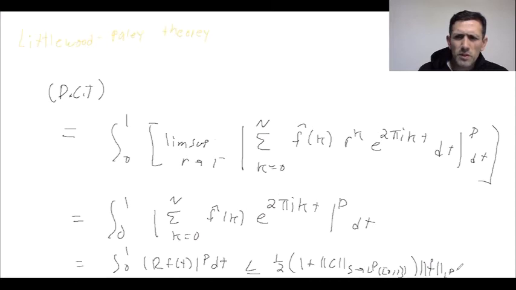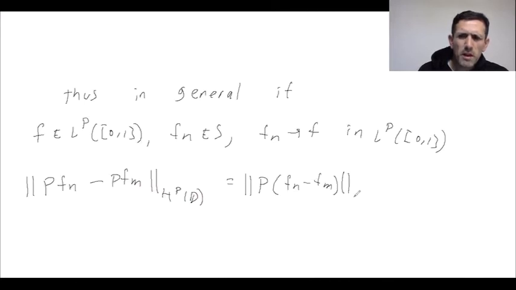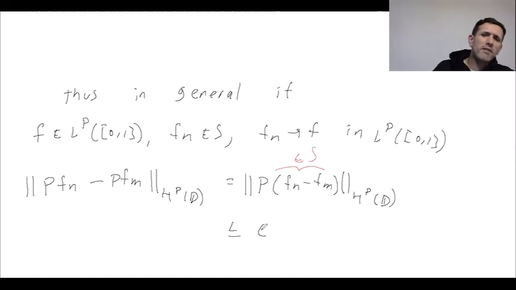Oops. Like that. Okay, so this is in S. S is definitely a vector space. So this is less than or equal to this constant here, 1/2 (1 plus the norm of this conjugate function). Let's call that C.